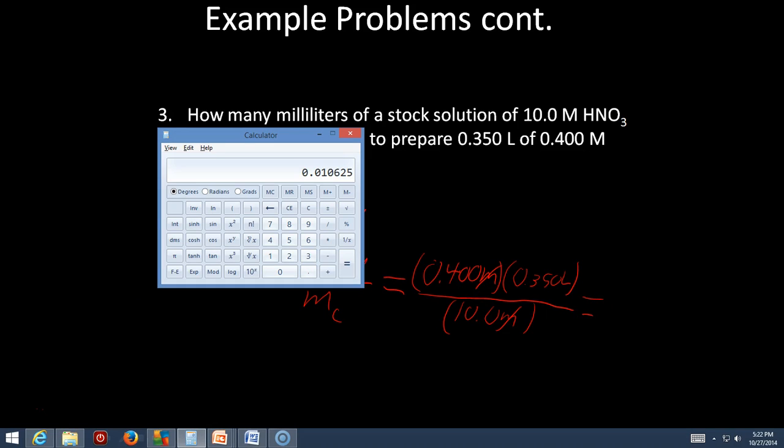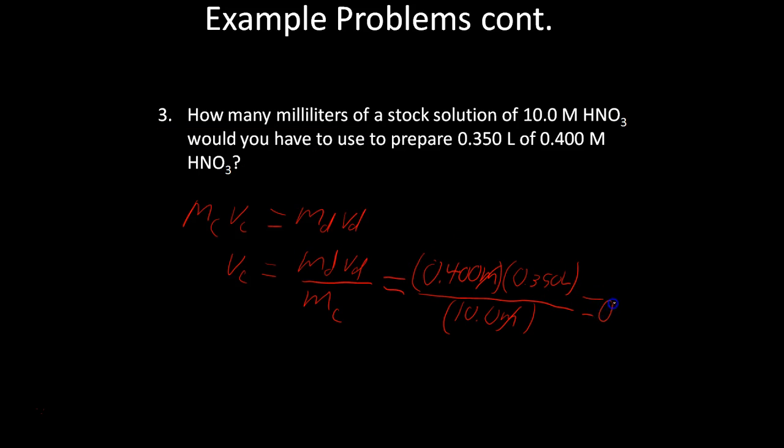Going to our calculator, 0.04 times 0.350 divided by 10 will give us 0.00140 liters. But that's not what we need, actually.